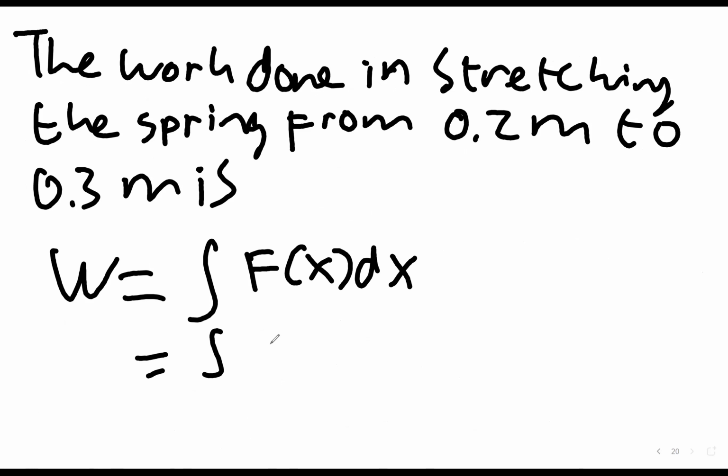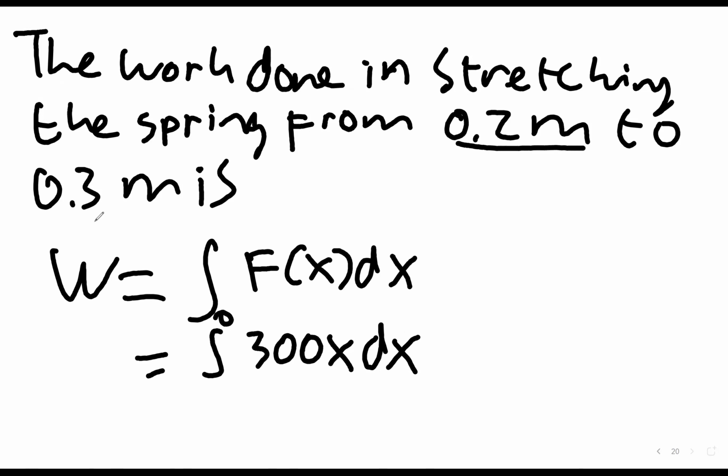That will be the integral of 300x dx. So here is the key point. The starting point, the natural length, will be x equals 0. From here to here, we have to move 0.1 meter, right? So the lower bound is 0, the upper bound is 0.1. So from 0 until 0.1, 300x dx.